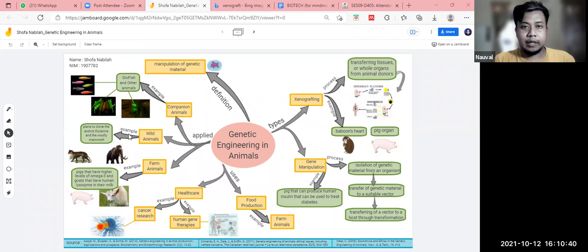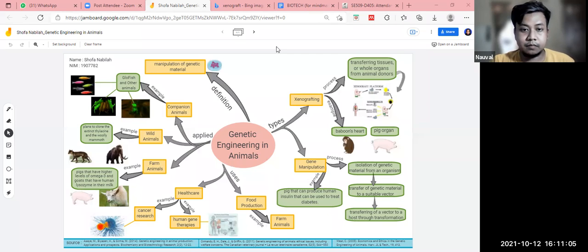And now we are at the end of the first session of our class today. Before we get to the end, let me read the conclusion for this first session. Genetic engineering in animals means the manipulation of the genetic material in the animal itself.